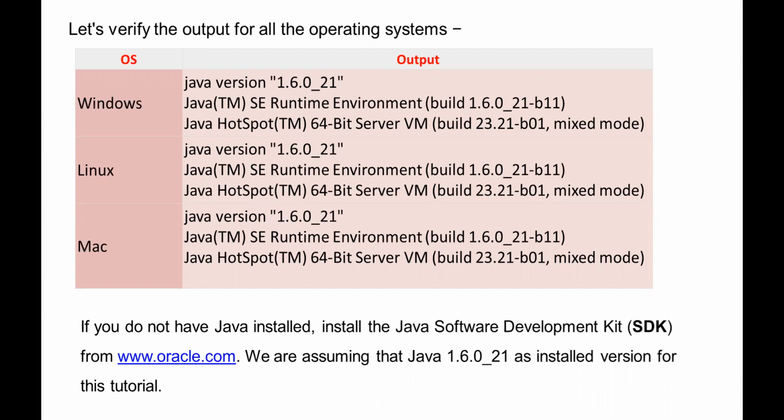So these are what you verify when you first install Java in your system, and whether JDK 1.5 or above is installed. If you do not have Java installed, you can install the Java Software Development Kit by using the website www.oracle.com.